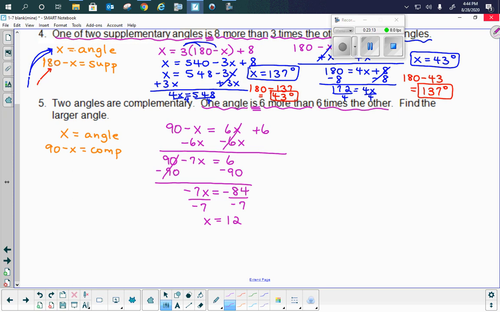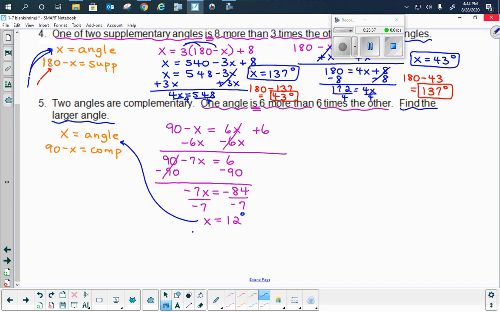Don't box. Got to figure out what the heck they're asking me to do. All right. So here's what I notice. Find the larger angle is what they're asking for this time. So I was supposed to be finding the larger angle. Well, I noticed that x is one of the angles. So it is degrees, but I'm not going to box it until I know what the other angle is.